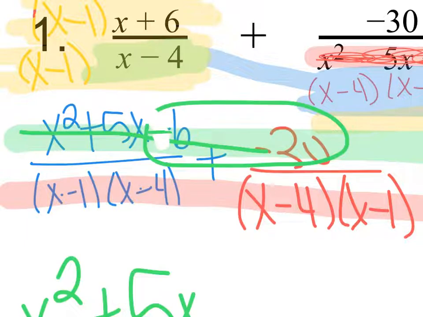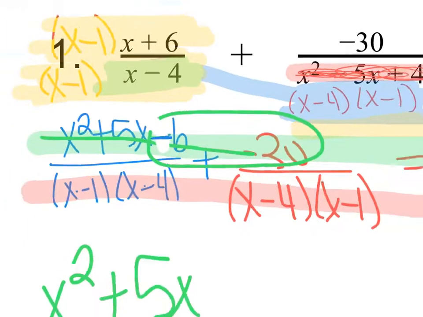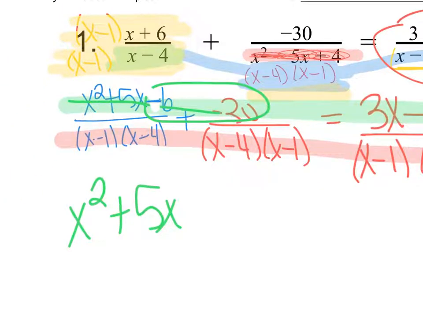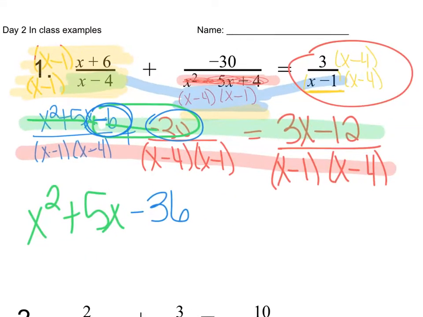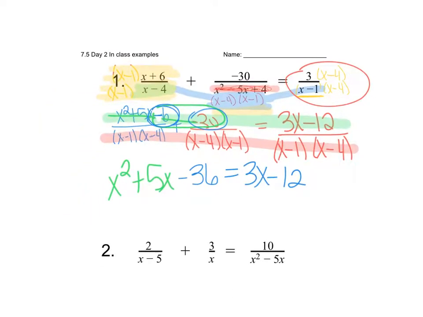That should be a minus 6. Let's fix that. So coming back down here, I have x squared plus 5x, and then I have negative 6 and negative 30 is minus 36, equals 3x minus 12.